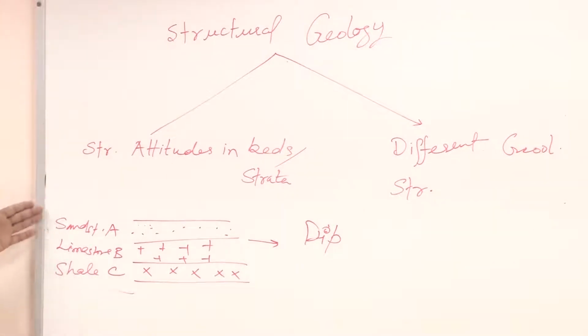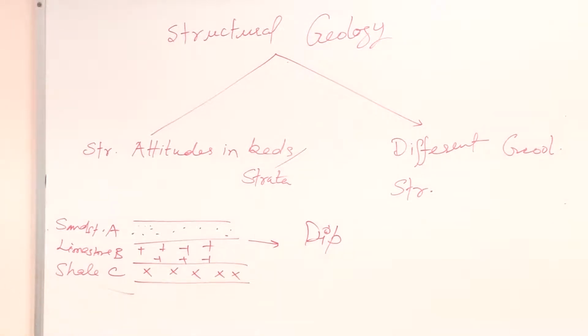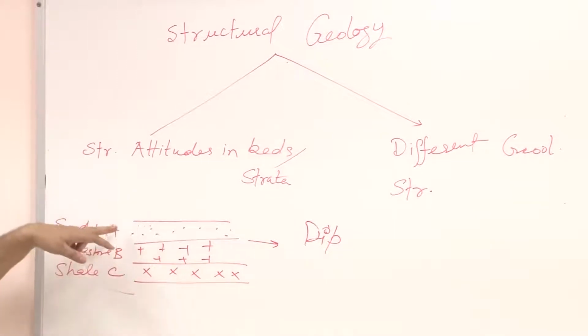They are related to different kinds of lithology: sandstone is coarser, limestone a little bit finer, and shale is the finest type of rock, containing the finest particle size of clay fraction. But they deposit horizontally.